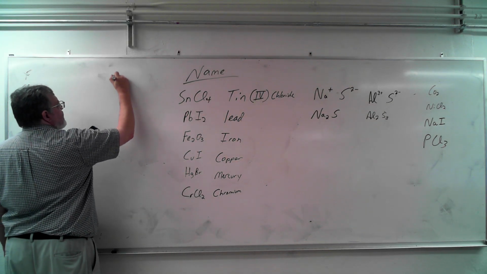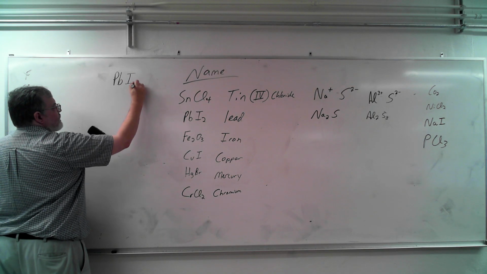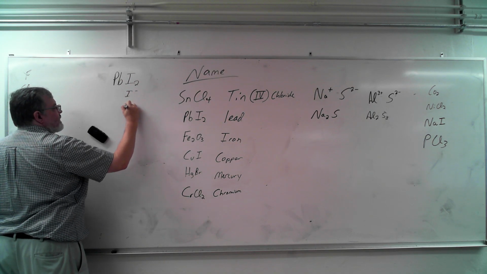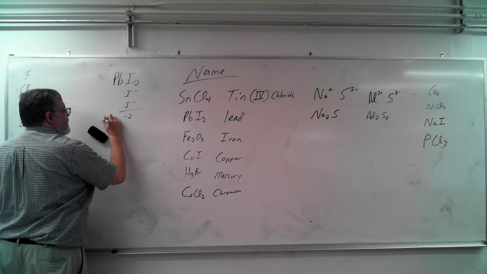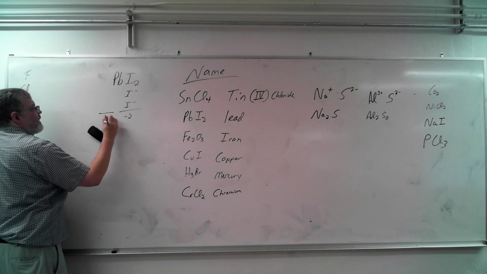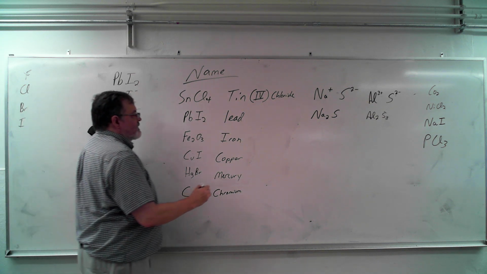Lead. I have I negative, so I have -2. That means I need a +2. I've only got 1 up here, so it all goes on there. This is lead(II).